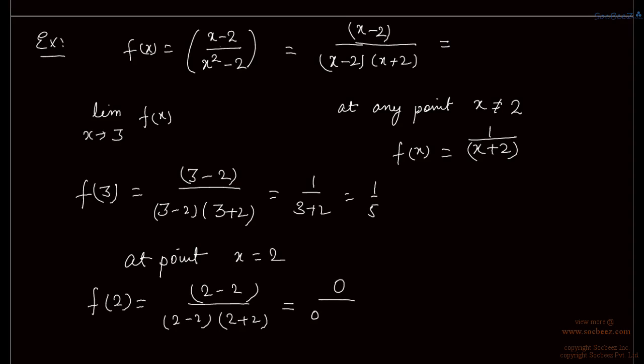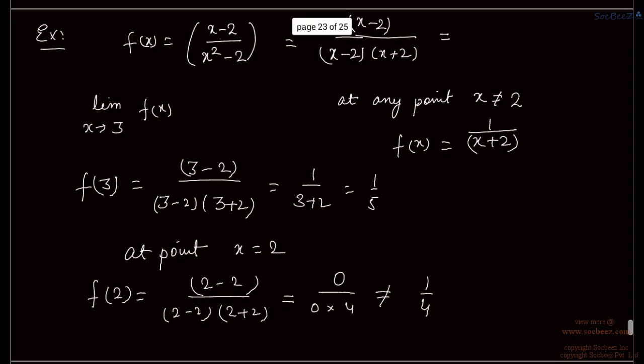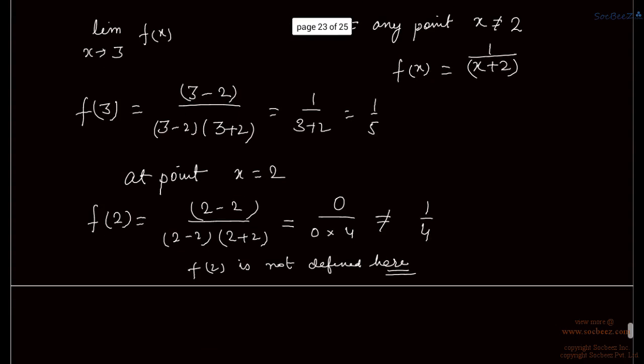This is 0 upon 0 into 4. We cannot write it as 1 upon 4, right? Because this is not defined at x is equal to 2. So f(2) is not defined here, right? But if we see the limit of a function at x is equal to 2, that is, if we see what is the value of f(2 plus), it should be 1 upon 2 plus 2, that is 1 upon 4, isn't it?